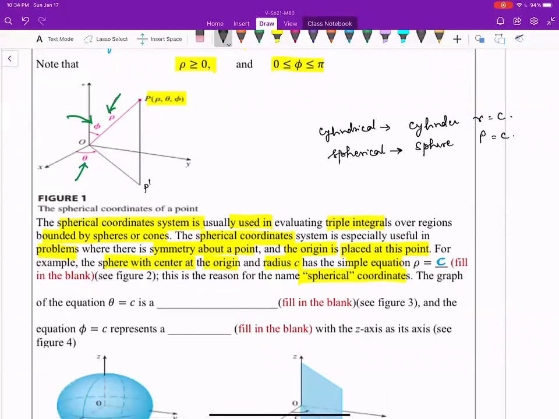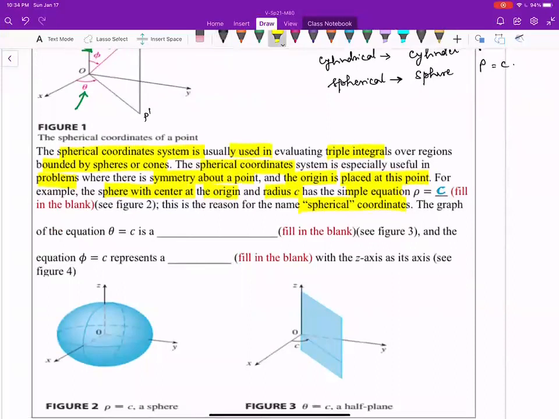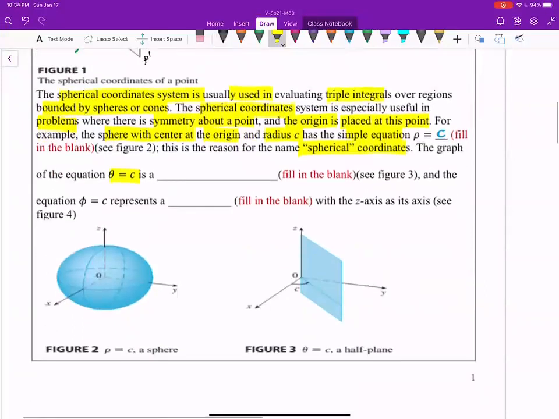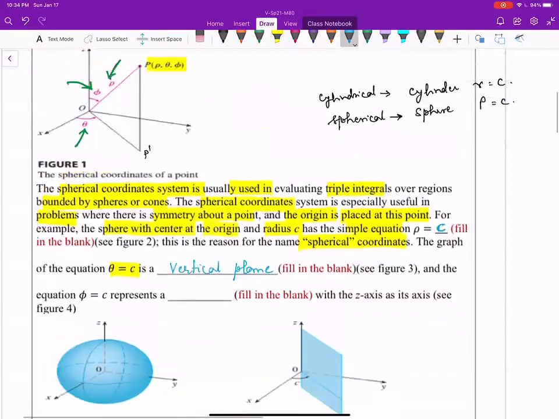The graph of the equation theta equal to c. So look at this graph. Rho equal to c is a sphere, which we saw earlier. Theta equal to c is a vertical plane. What is the angle theta in terms of spherical coordinates?